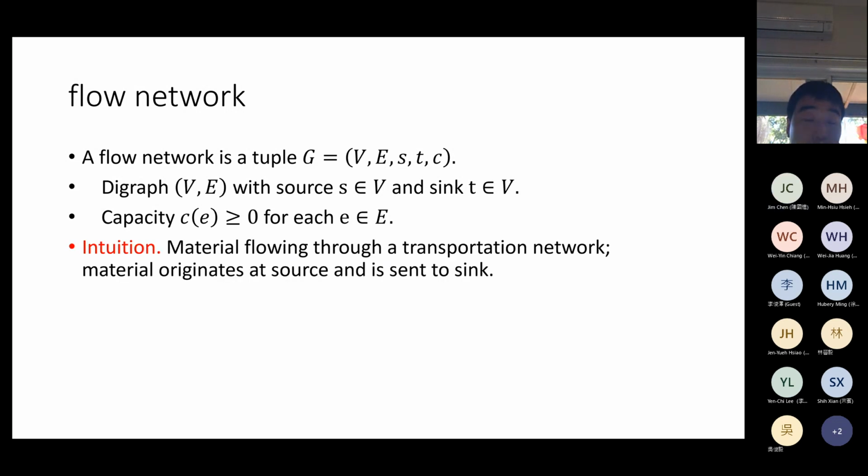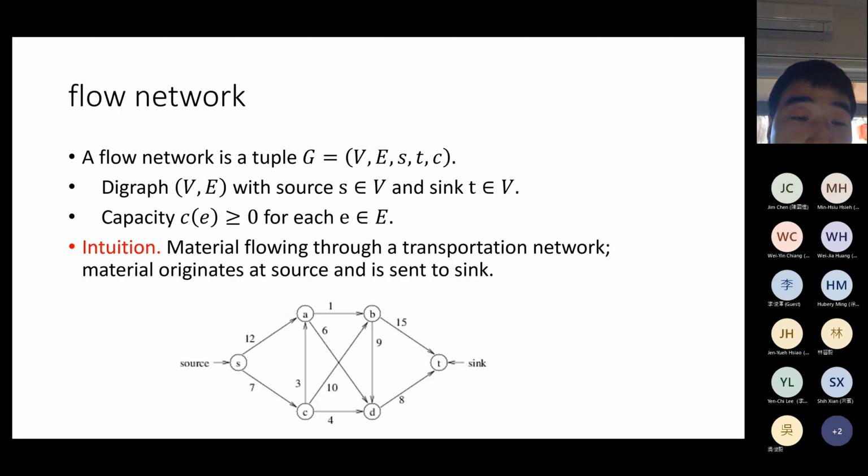The intuition is just material flowing through a transportation network. The material originates from the source and is sent to the sink. You can regard it as water, or traffic, like trains.